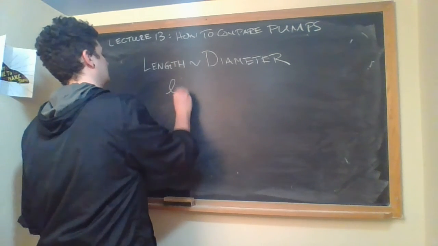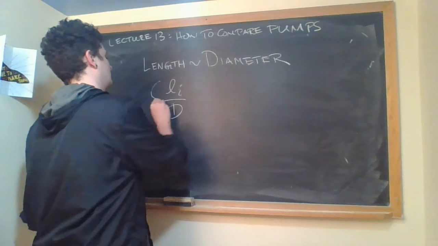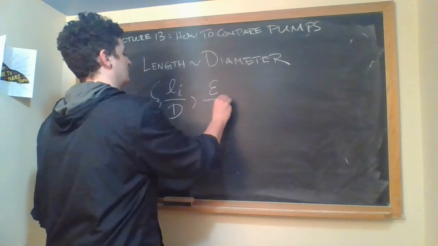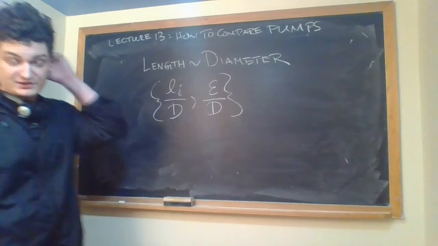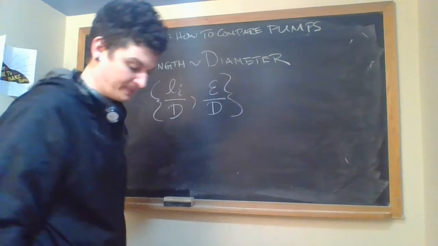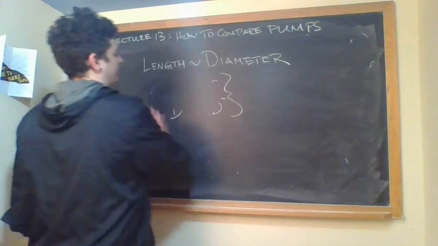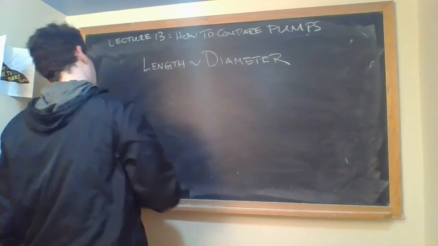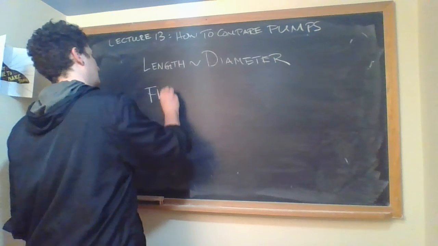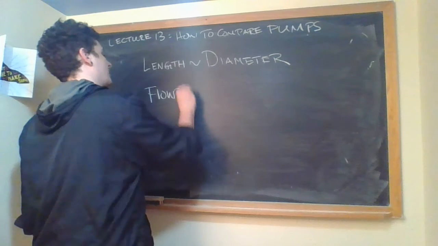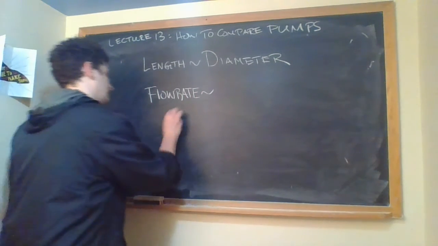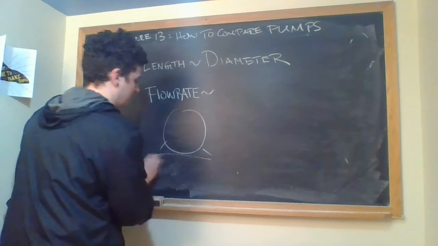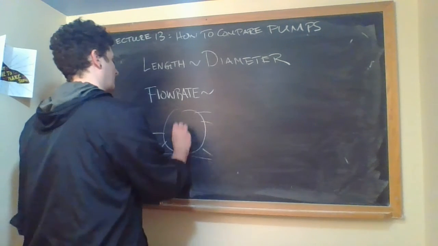Right, so those are all of your non-dimensional lengths and how to non-dimensionalize them. How about flow rate? What should the flow rate of the pump scale like? You wouldn't believe this really works.